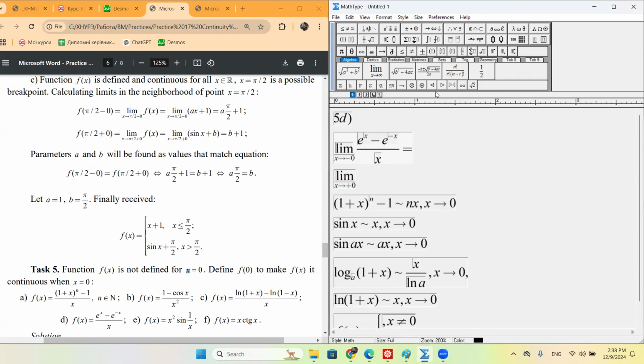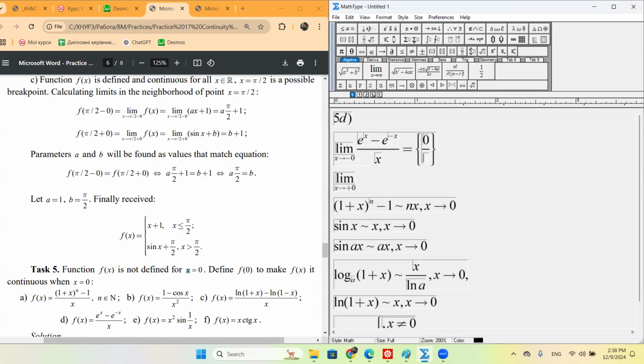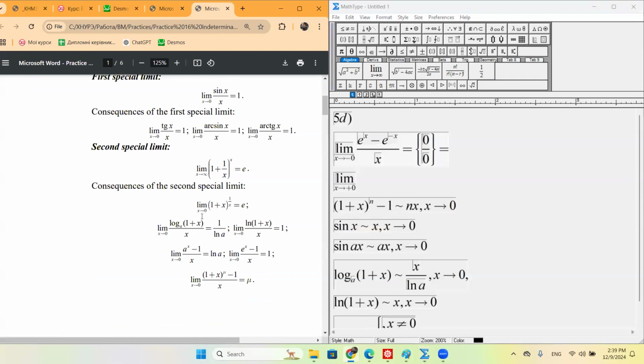So what do we have? Again an indeterminate form, 0 by 0. And again, we can eliminate it using equivalences or just consequences from the second limit. So we can use this.